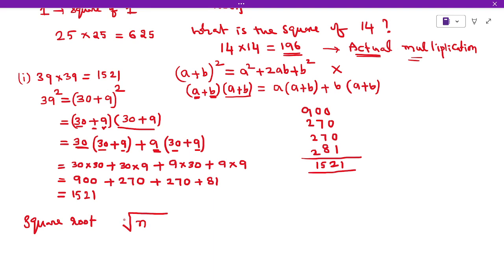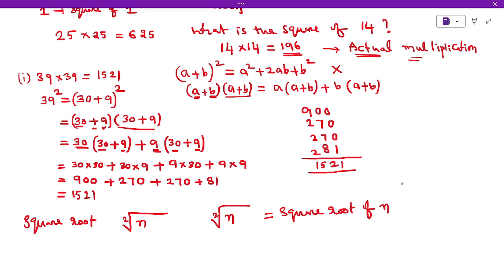By default, 2 will be there. Even if it is not written, if you have this symbol, they are asking to find the square root of n. Even if the 2 is not mentioned, you should assume that the number 2 is there already.